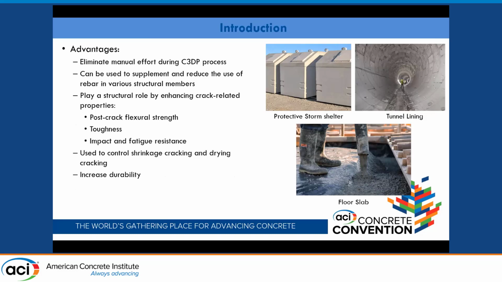Also, depending on the type of fiber you're using, if you're using steel fiber, you can gain a significant increase in mechanical properties, and some other types of fibers like synthetic fibers can be used to control shrinkage cracking and drying cracking. And overall, using fiber reinforced concrete can improve the durability and also the long-term performance of your structure.